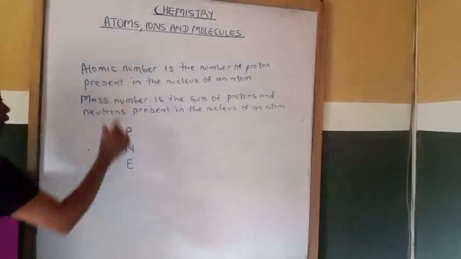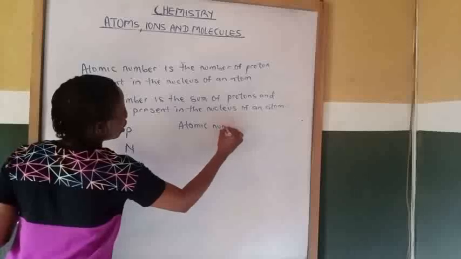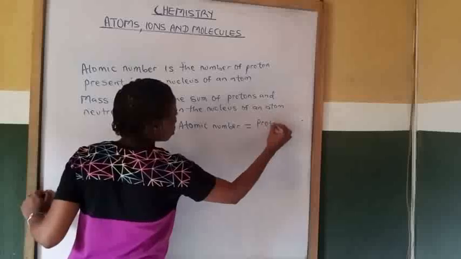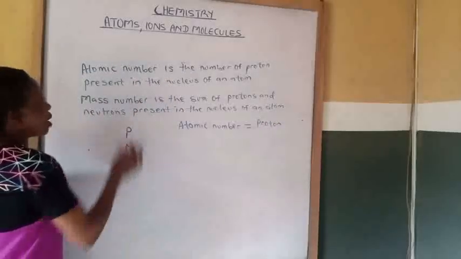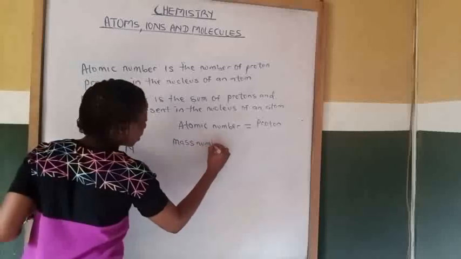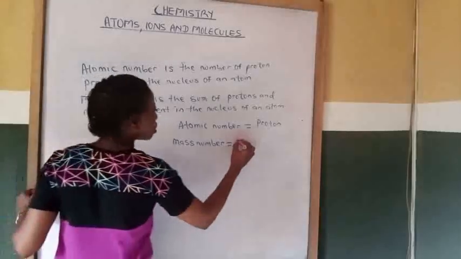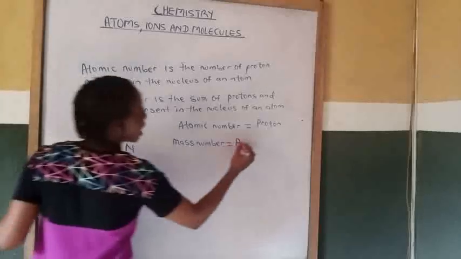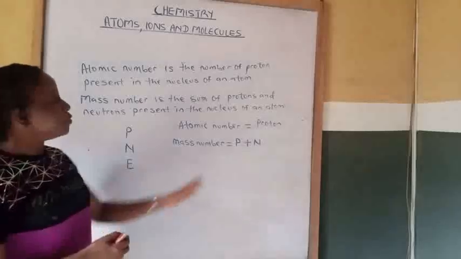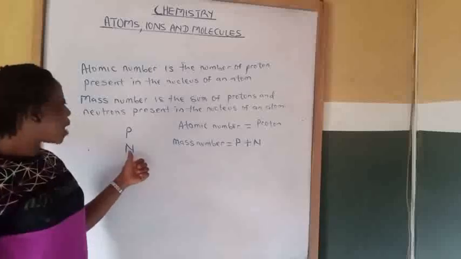Now let's come back to this place. What is atomic number? Atomic number is equal to the number of proton. Then what is mass number? Mass number is equal to the sum of proton and neutron. From these two definitions, we can look for the number of proton and the number of neutron.